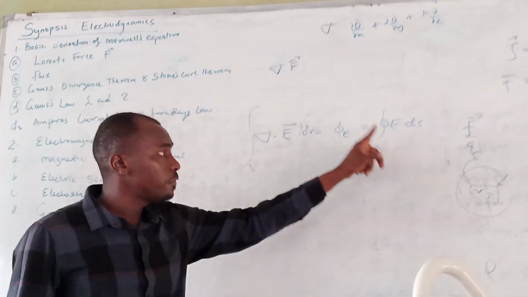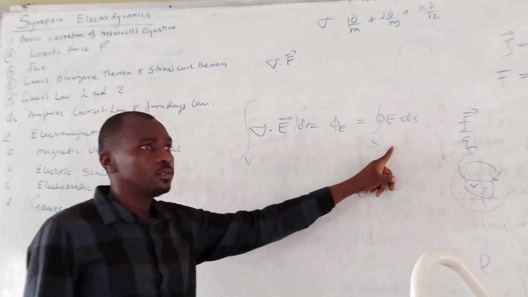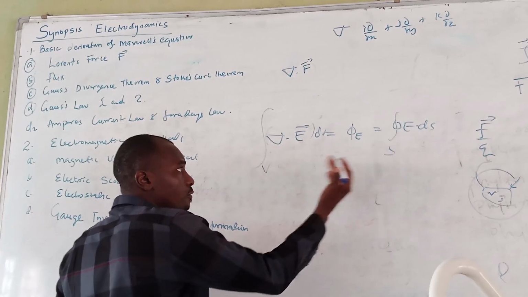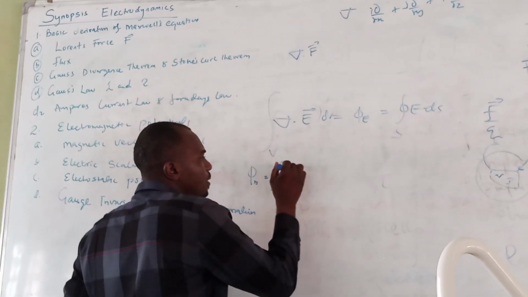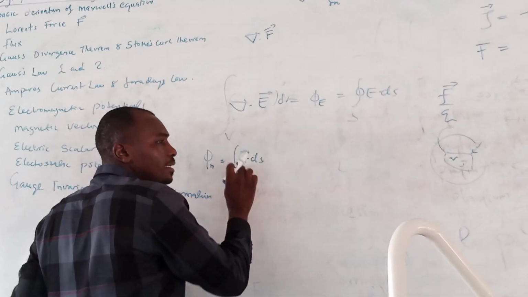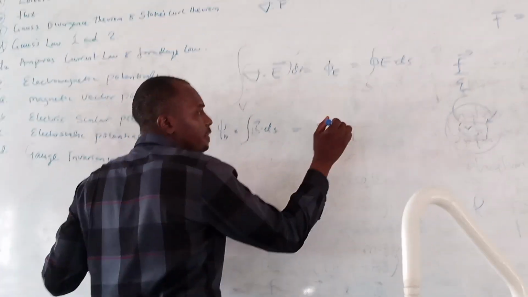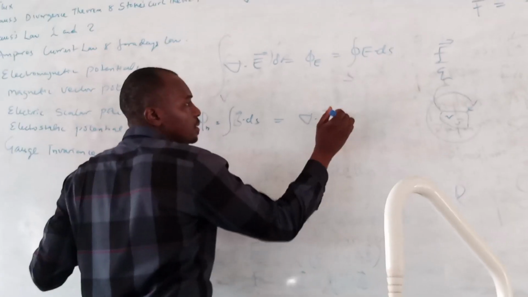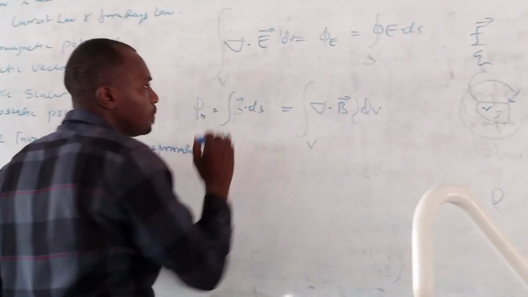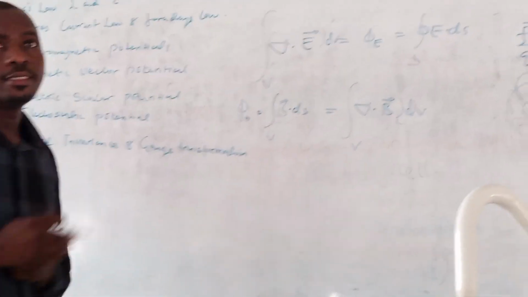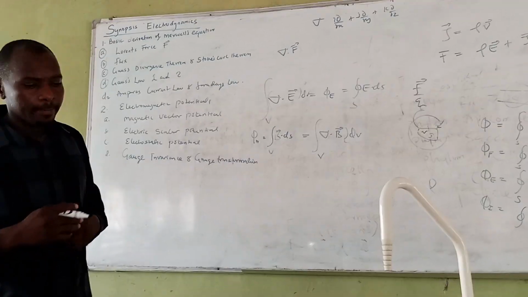If you want to go back to surface, you apply the flux. We consider this also for the magnetic field. If the flux due to a magnetic field is B dot dS, apply the divergence, we have the divergence of B over the volume, all enclosed by the volume. That is all divergence is. Is it clear? Yes. Okay.